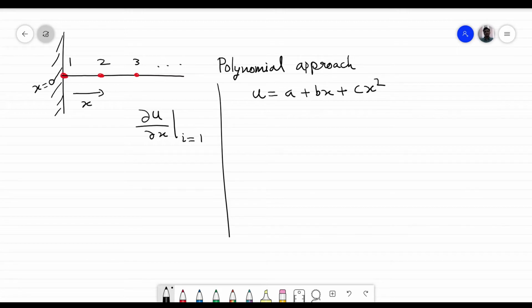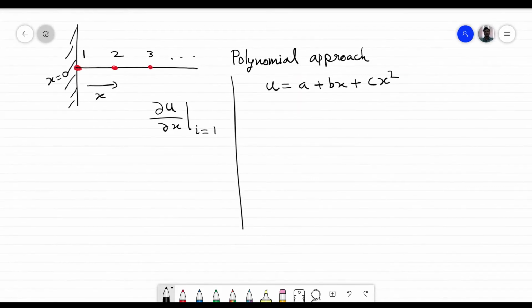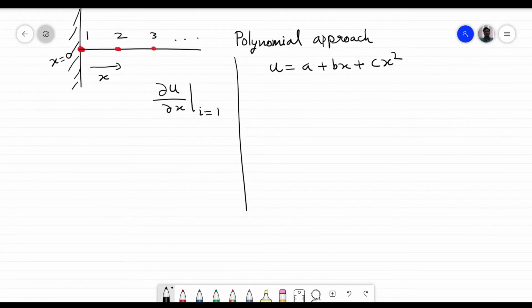And how does that improve the accuracy, we'll discuss later on. Now let us write u at 1, I equal to 1. At 1, x is equal to 0, so the terms with coefficients b and c, that is x and x square, go to 0. You get u1 equal to a.